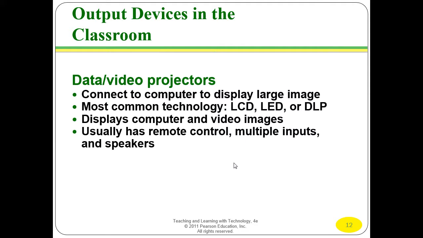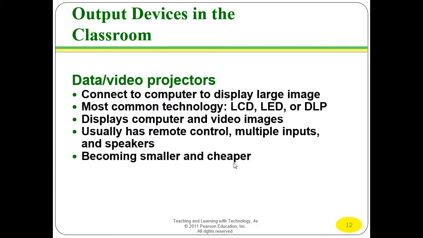There's usually a remote control associated with it for you to be able to control it while you're walking around the classroom, so you don't have to be right there in front of it. You can notice if you have one, there'll be some multiple input jacks in the back that will do the video and also the audio. So you can hook up speakers or multiple televisions if you want.